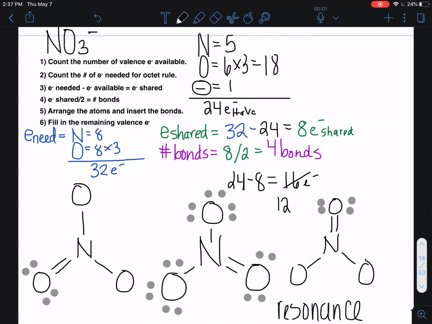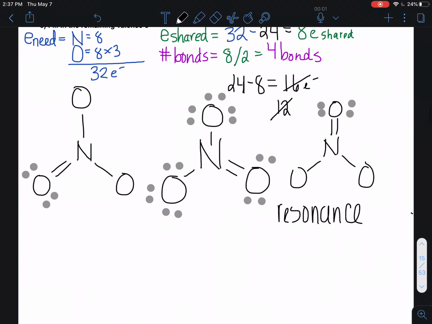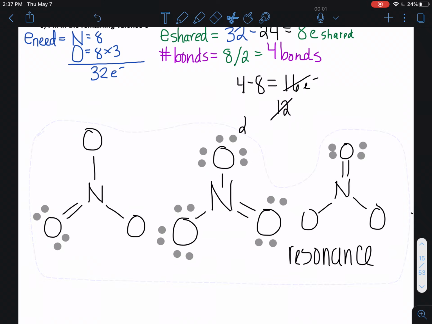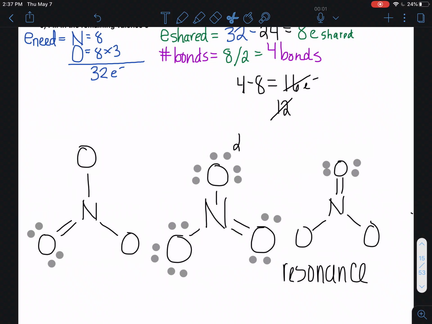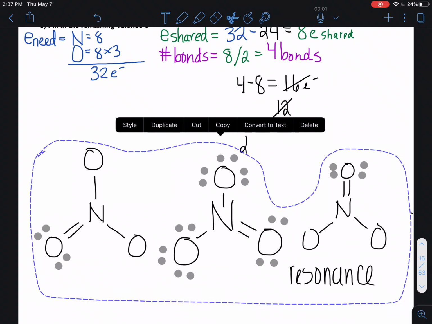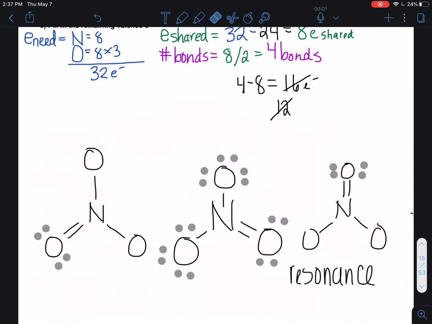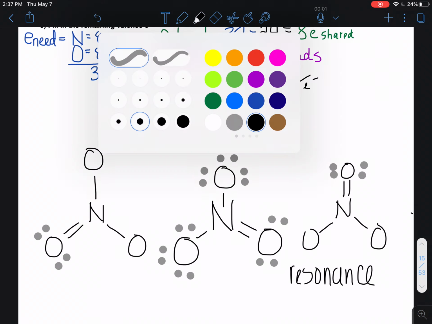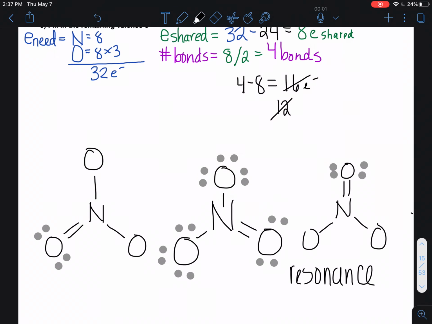And once I did that, now I have no more electrons remaining, okay? So what I'm going to do here is I'm going to move all of these down. And I'm going to do the same thing for all the other ones. I kind of feel like this is a little bit too big, so.